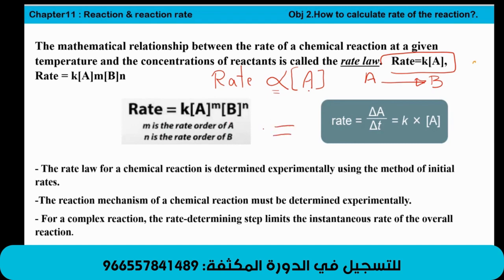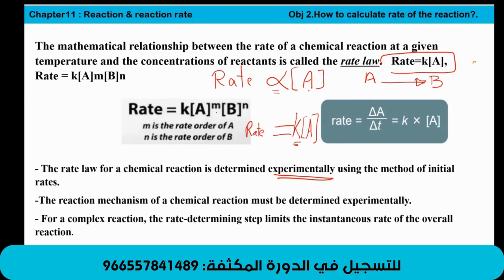I need numbers, so adjust your formula. Rate equals K multiplied by A. And K is a constant that I cannot explain to you because it's a long story, but I can only tell you that this constant is determined experimentally. I have to run the reaction to calculate this constant.